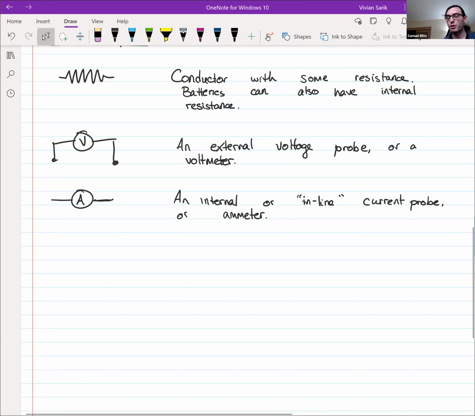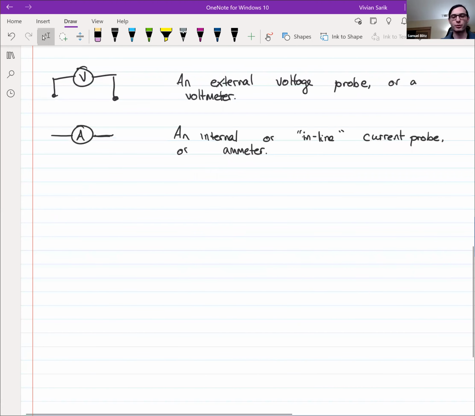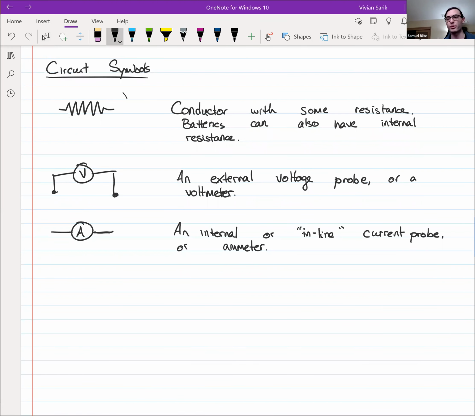Right. So before we can proceed with circuits with resistors, we have to do the same thing that we did with capacitors. When we were talking about capacitors, it's fine if you just have one capacitor.